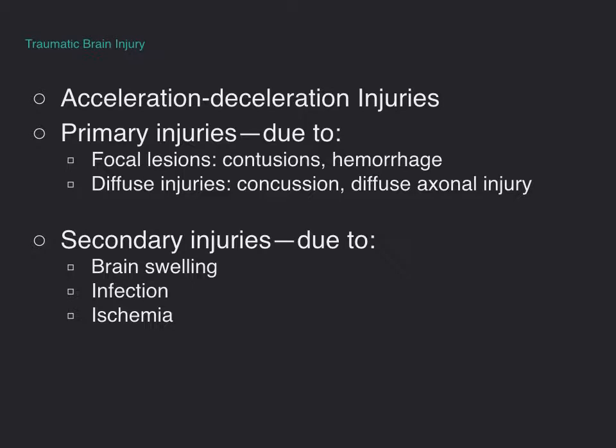Primary injuries are due to focal lesions like the contusions and the hemorrhages, and also the diffuse injuries as a result of concussion with diffuse axonal injury. Secondary injuries, like we mentioned before, are due to the brain swelling, whether there's an infection process, or whether there's ischemia related to the original injury.